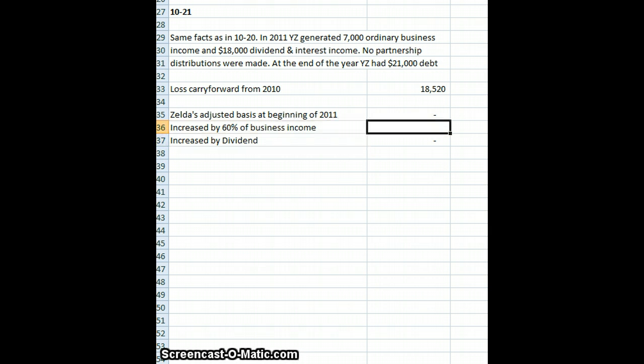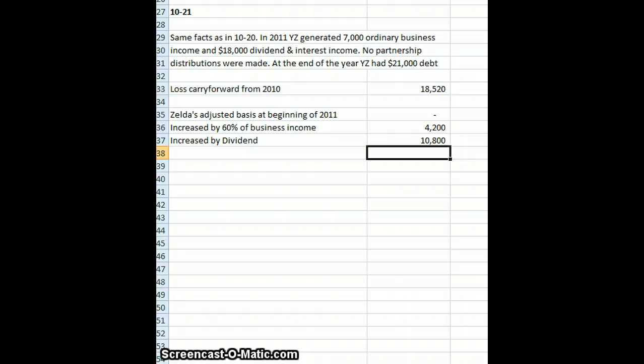Our business income was 7,000 times 0.6, so 4,200. Our dividends are going to be 60% of the 18,000 of dividends and interest income that we had, so 10,800.